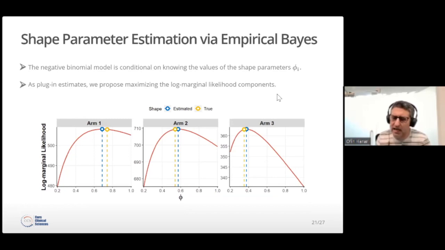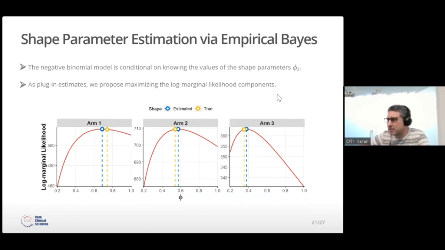But before that, I promised earlier that there was some technicality that I needed to go through, namely specifying values for those shape parameters. I don't want to delve too much into that. You can find it in the manuscript for those who wish to read it. But all I'm saying is that we are maximizing the log marginal likelihood.